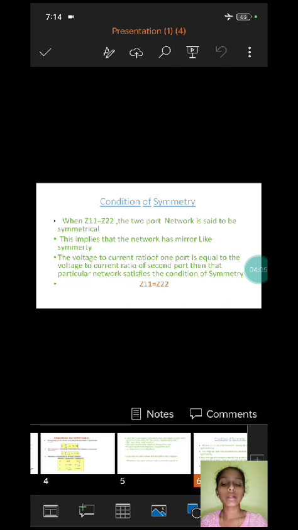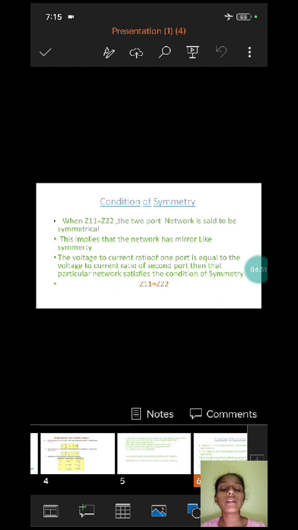And the condition of symmetry: when Z11 is equal to Z22, the two port network is said to be symmetrical, and this implies that the network has mirror-like symmetry. Symmetry means same: the voltage to current ratio of one port is equal to the voltage to current ratio of the second port.